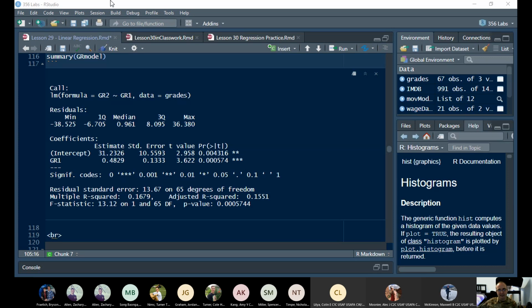But it seems like we want the multiple, not the adjusted. They should be relatively the same. I'm going to do a little bit more research here, but it looks like that was a good question and I was wrong. So we are going to use the multiple R squared until I tell you differently.